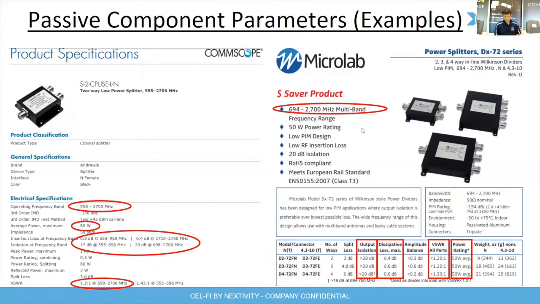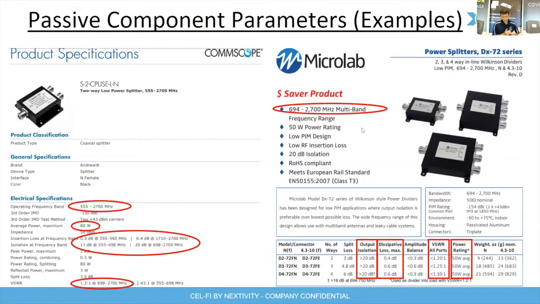The first one is the output isolation, followed by the dissipation loss. We never talked about dissipation loss. Microlab calls it the dissipation loss. In actual fact, it is the same as what we discussed previously. It is also known as the insertion loss, the loss of power when you travel across a passive component. So these two are the same thing, except that Microlab likes to call it dissipation loss.